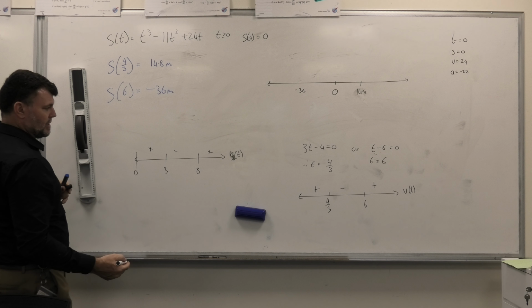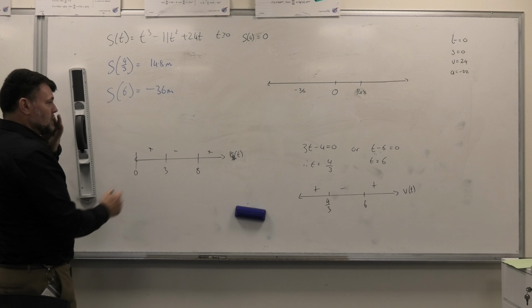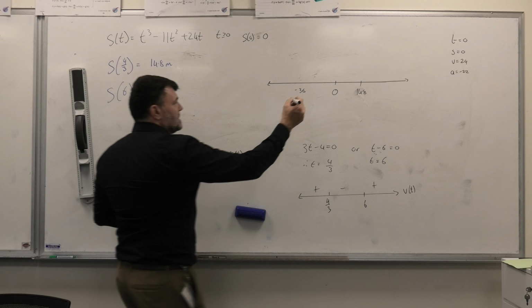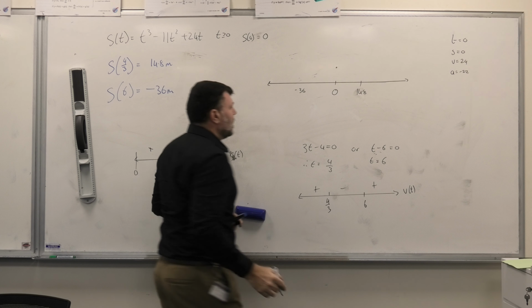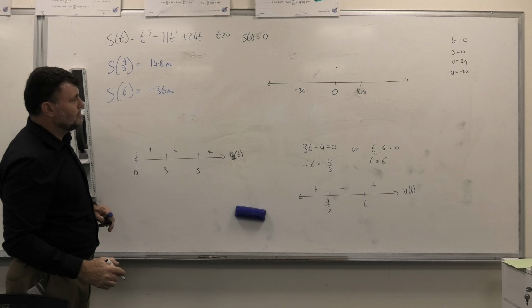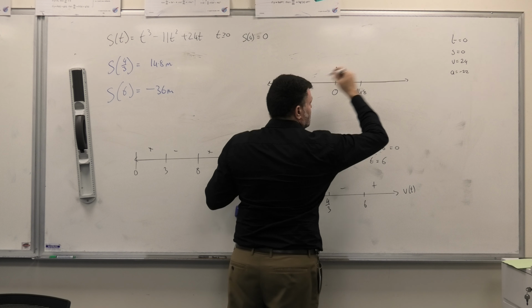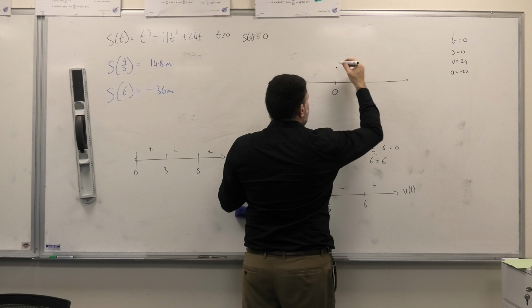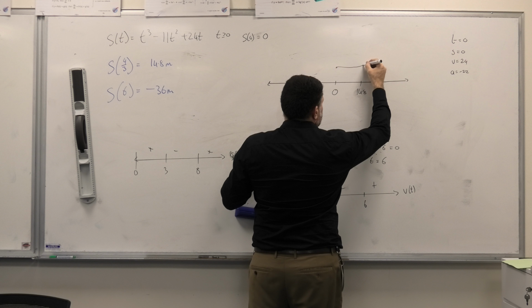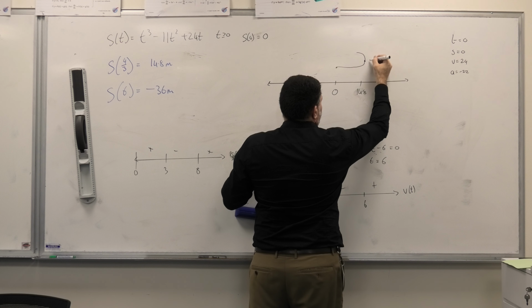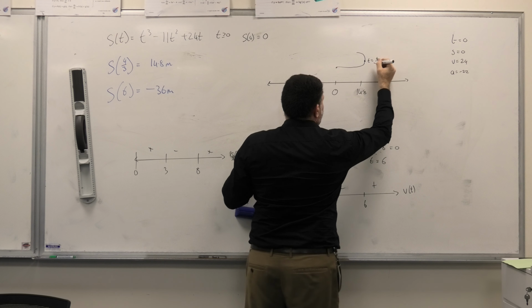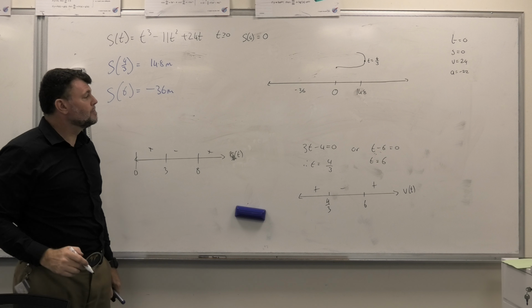What about changing directions? I'm changing direction in those points. So I'm starting here. I am traveling to the right, because I know that this here is telling me, for that first part, I'm going to the right. It's at this point here, when t is equal to 4/3, that I start changing direction.